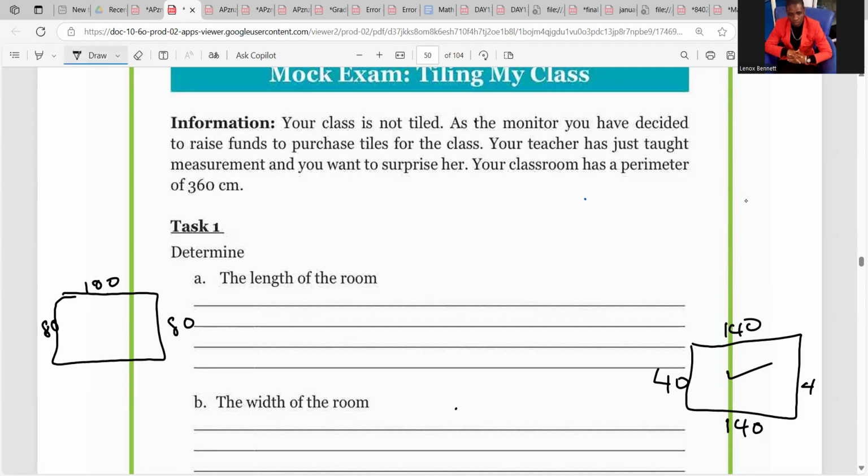Yes, Aria, that is it. All right. So the first one was 100 by 80. Rikita was 90 by 90. And the next one was 140 by 40. All right. So these are the three dimensions that the three students gave.